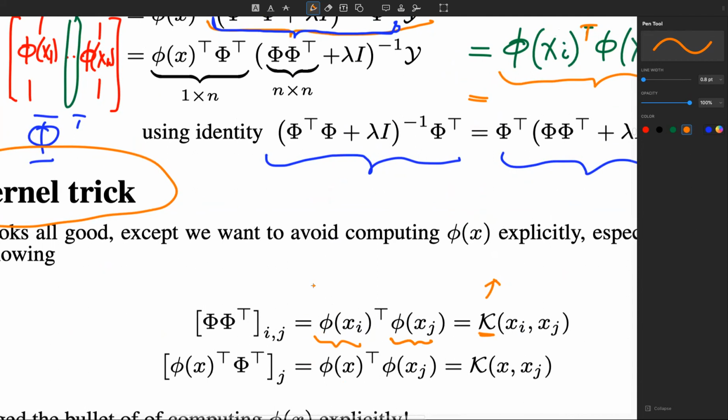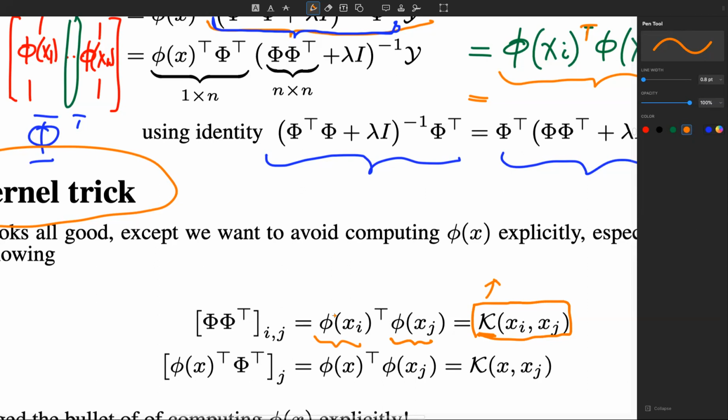Who cares? We instead can find a k, and the k function is going to return you a scalar value, which corresponds to its corresponding phi function, projecting the two low dimensional data into its high dimensional space and also taking the inner product. Okay?